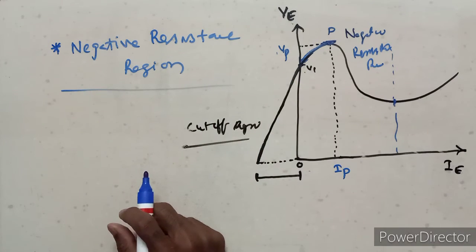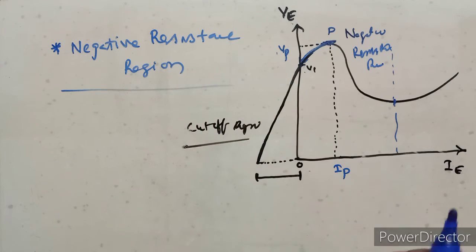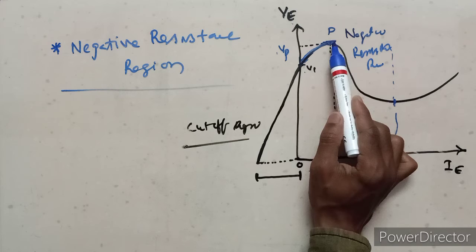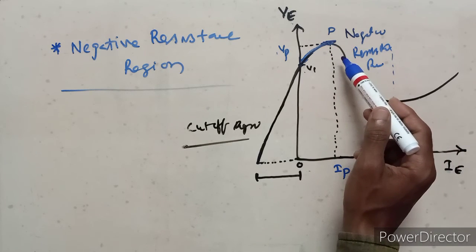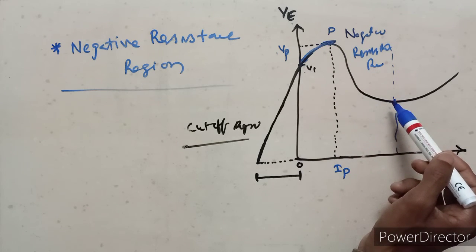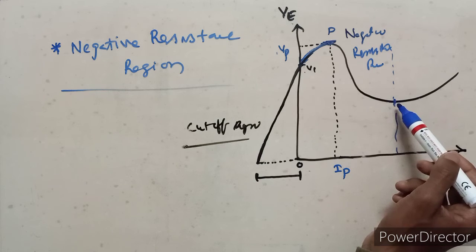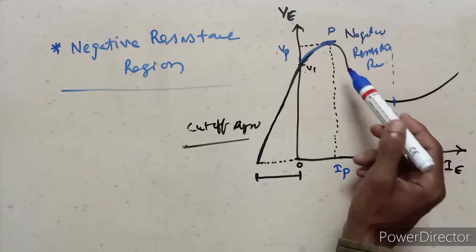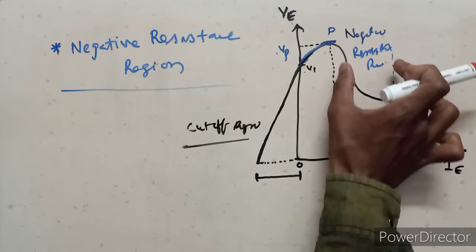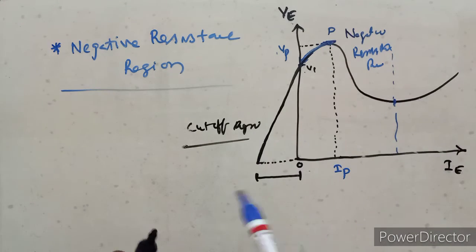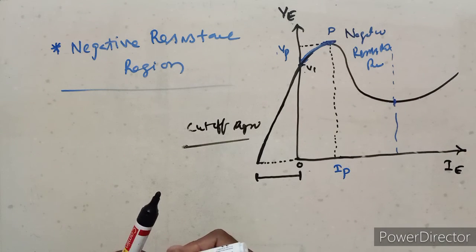Negative resistance region means after the peak point the emitter voltage suddenly drops to a low value while the emitter current increases. This is called the negative resistance region.